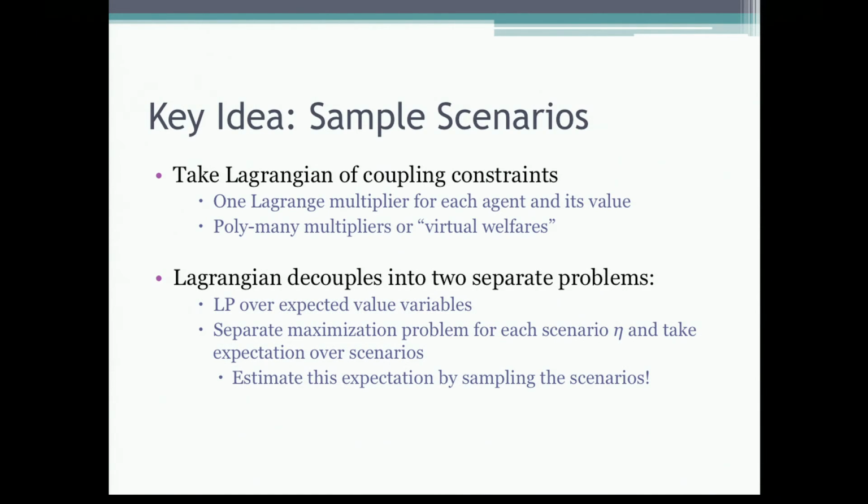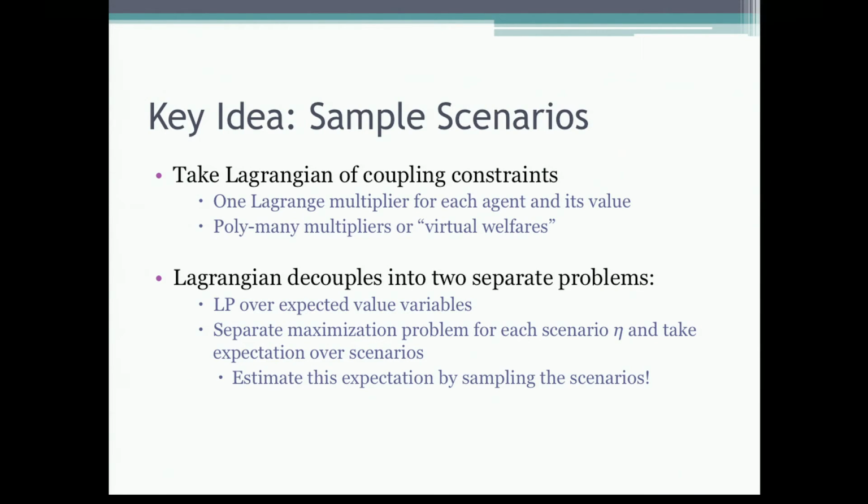So what we get is an LP over the expected value variables, which says it has to be Bayesian incentive compatible, it has to maximize expected revenue, and so on. And then for every scenario, you get one optimization problem in the Lagrangian, and you take the expected value over all those scenarios.